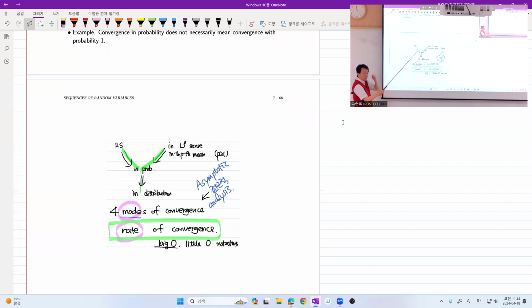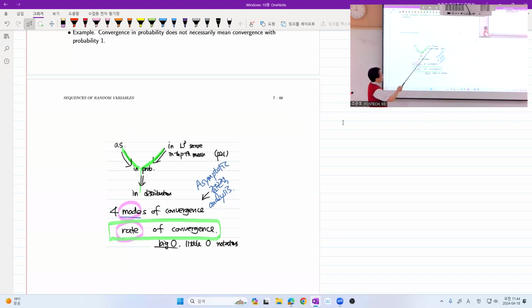I prefer using this kind of flowing down to in distribution. Some people love a counterclockwise rotated version of this figure, so they start from the left-hand side and flow to the right. But anyway, I myself call this a Y diagram, because it looks like the alphabet Y. Here is the almost sure convergence, here is convergence in probability, and here is convergence in distribution.